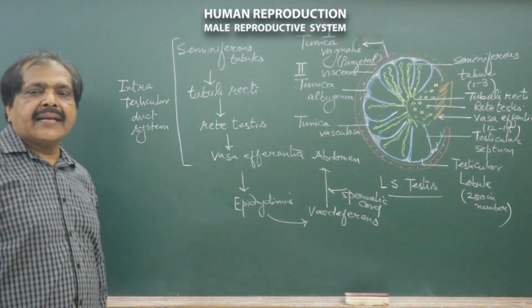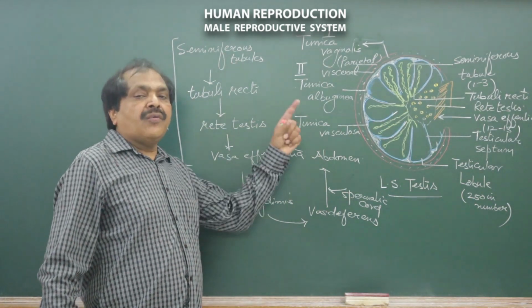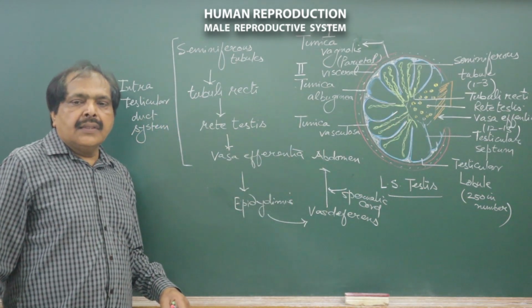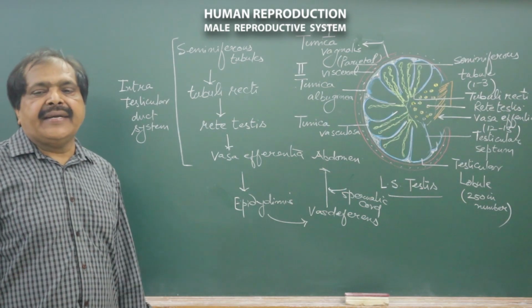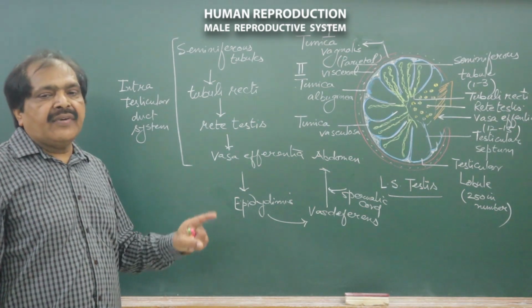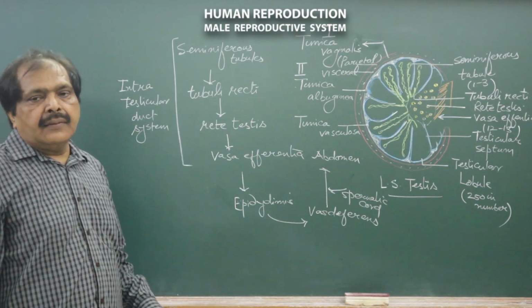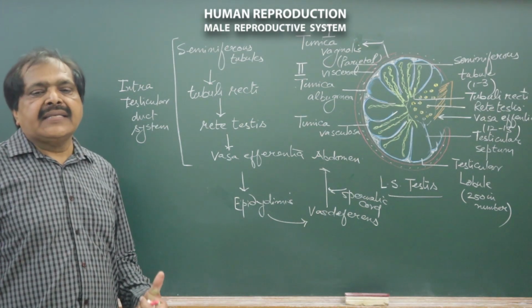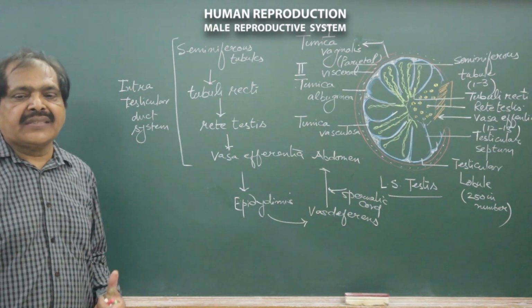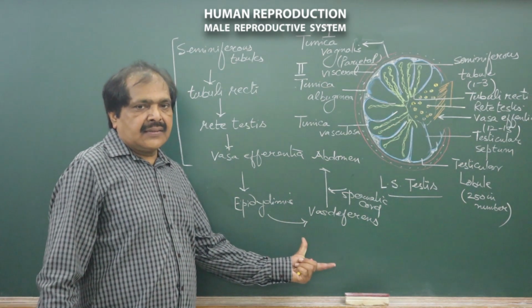This vas deferens will loop over the urinary bladder. Then it will join the urethra as the ejaculatory duct. That urethra will come in contact with the penis, and then the urethral meatus, that is the urethral orifice or urethral opening, will be at the outer surface.